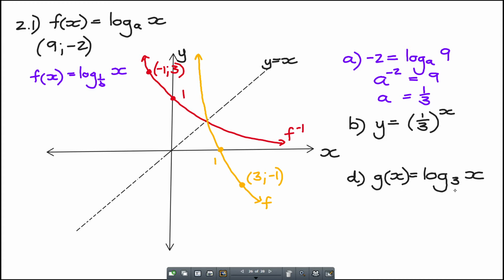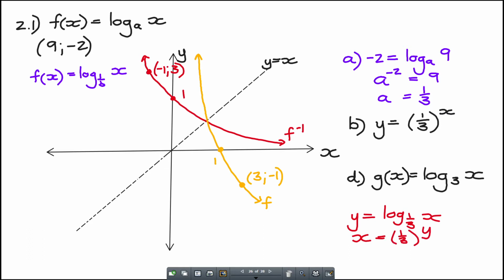Now, do you guys want me to show it how we write it back to exponential and then change? Okay, good. So it was y is equal to log one-third x. Okay, so write that in exponential form. So x is equal to 1/3 to the power of y.